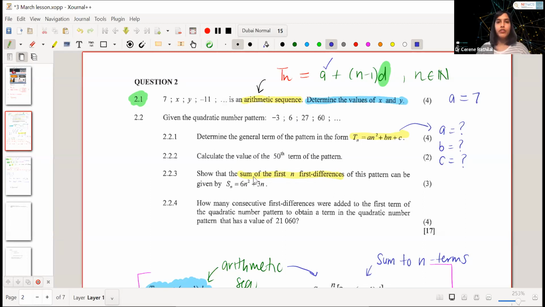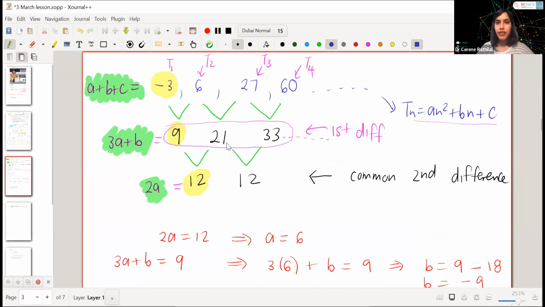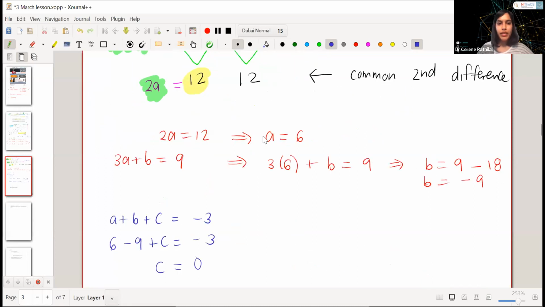We are working in a quadratic sequence, but do you realize that they've asked us to work with the first difference? And what type of sequence is the first difference? Can you tell me? Right, lots of thumbs up, so that's good. The first difference sequence, as we had seen, is actually an arithmetic sequence, and therefore we use the formula for arithmetic sequences. So I'll just remind ourselves, we've got 9, 21, 33.